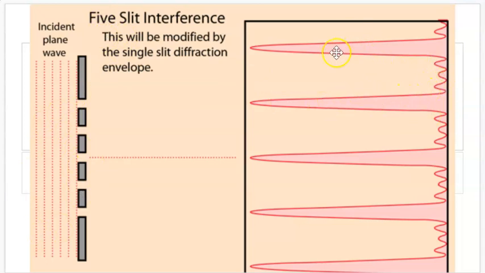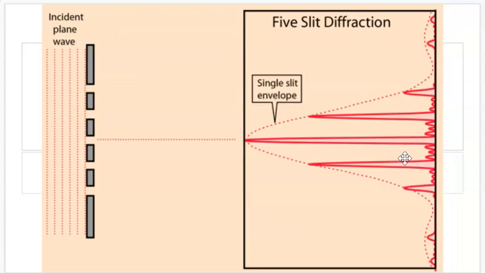The main maximums, meanwhile, are getting brighter and more localized. This would continue if we kept adding more and more slits. You'd keep having n-2 little secondary maximums, and the bright spots would become more and more distinctly localized. Meanwhile, we were ignoring the single slit envelope, which would actually be there.